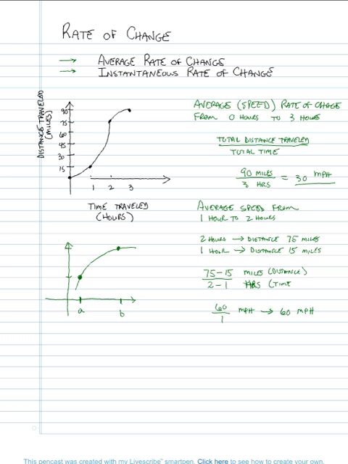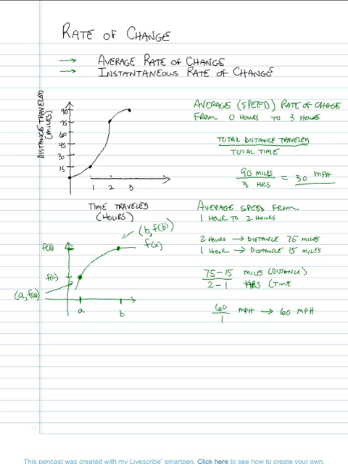Now, let's be clear, if this is the graph of f, then the point at this position has an x value of b and a y value that we get by putting b into the function. So that would be f of b. Now, this point has an x value of a, and to calculate the y value, we would put a into the function, so this y value is f of a.